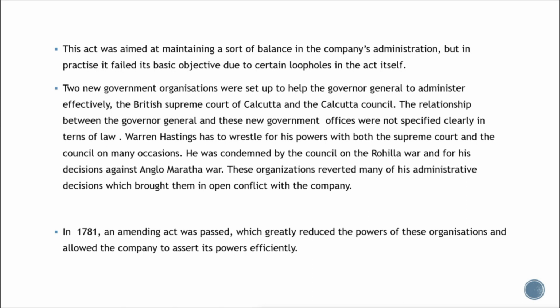We will see in my next video, the Anglo-Maratha War, how some decisions taken by the council were not accepted by the Governor General, and some decisions taken by the Governor General were not accepted by the council, and this created tussle and friction also. So in order to overcome this, another amending act was passed in 1781 which greatly reduced the power of these organizations and allowed the company to assert its power effectively.